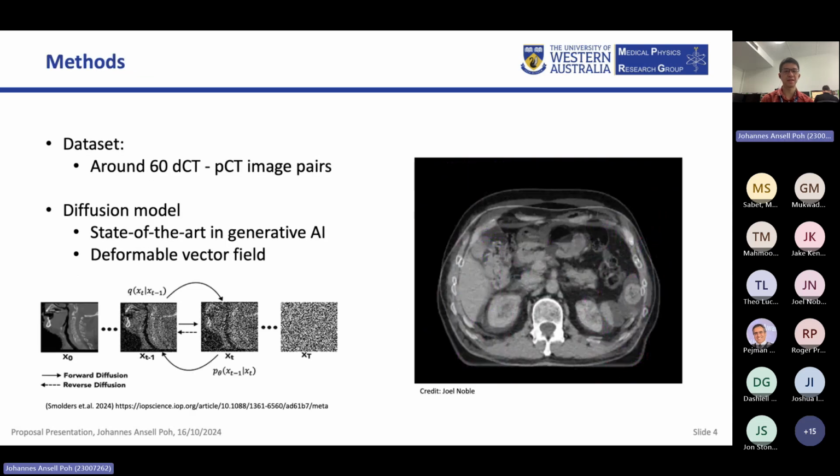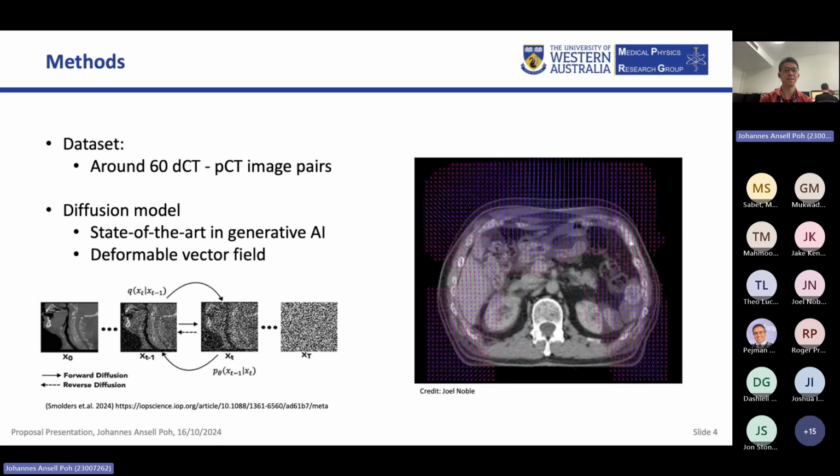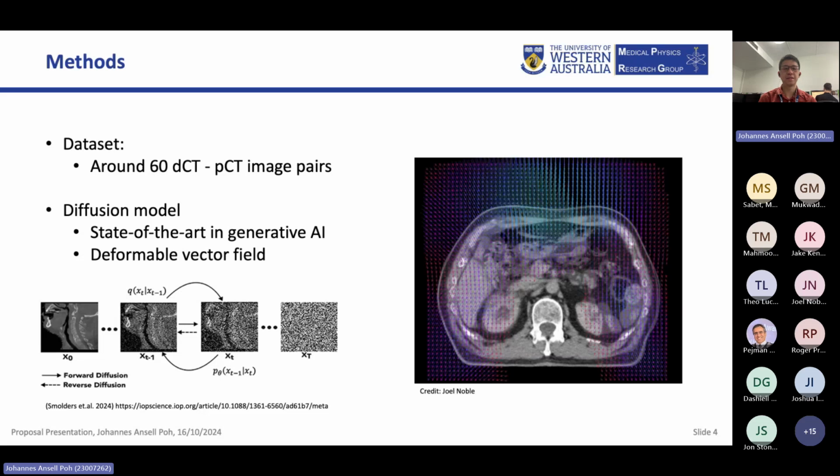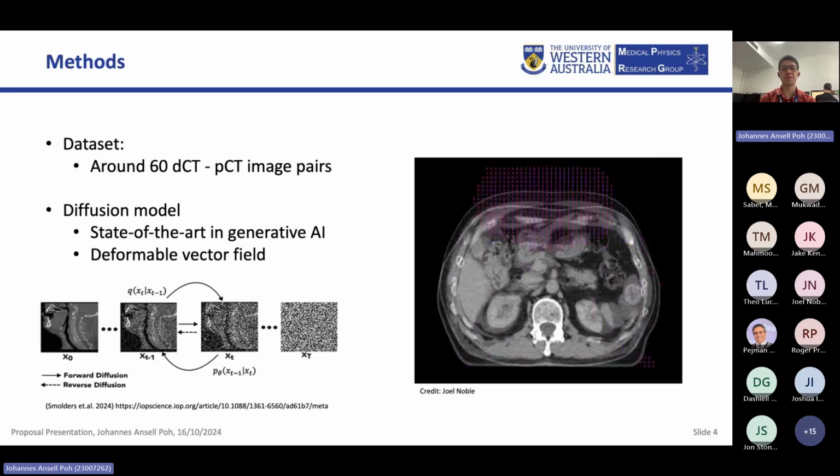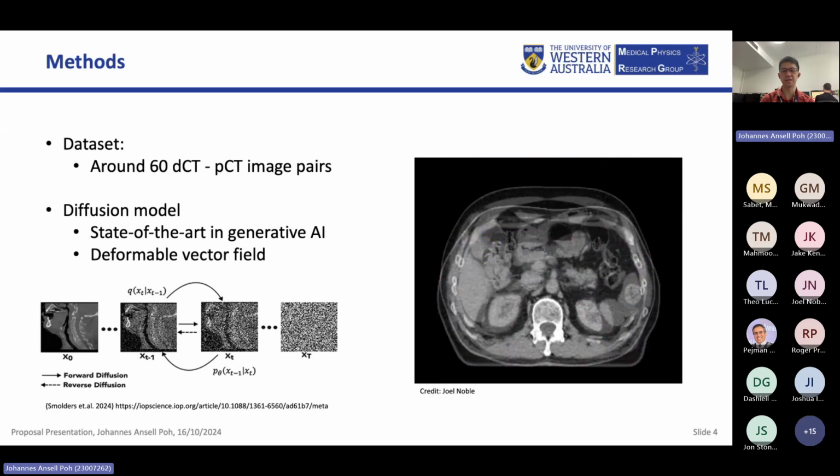So the data set that will be used is going to be around 60 DCT to PCT image pairs. And this data set is going to be used to train a diffusion model, which is currently considered the state-of-the-art model in generative AI.